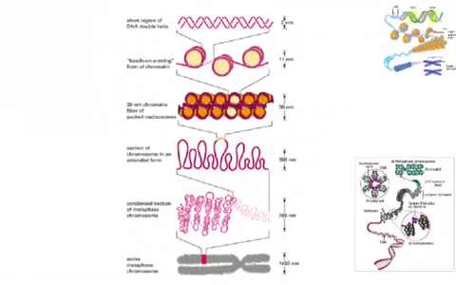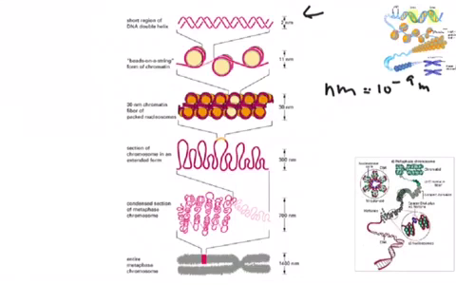So again, we start with the basic DNA molecule shown here, which a single strand of DNA is only 2 nanometers thick. So very, very thin. Remember, a nanometer is 10 to the minus 9 meters, so 1 billionth of a meter long.